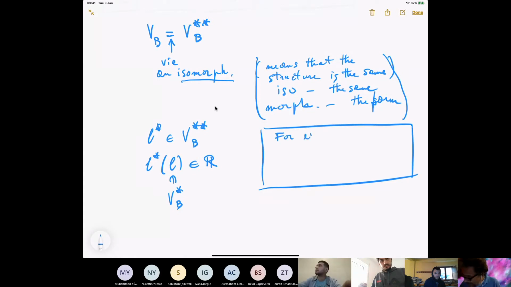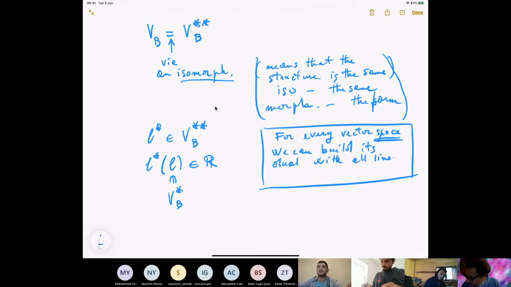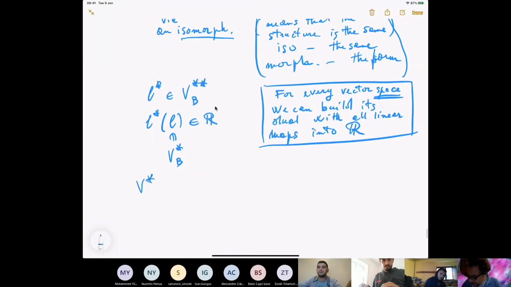For every vector space, we can build its dual with all linear maps into R. V star B is a vector space.